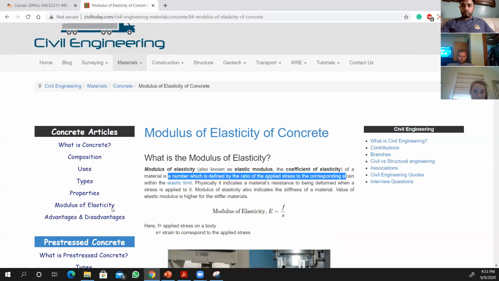It says right here, it is the ratio of the applied stress to the corresponding strain within the elastic limit. First, you have to define your elastic limit, where it ends. Then you zoom into that limit, and you can look at the ratio of stress to the corresponding strain, which is the slope, in other words, because it is a linear portion.